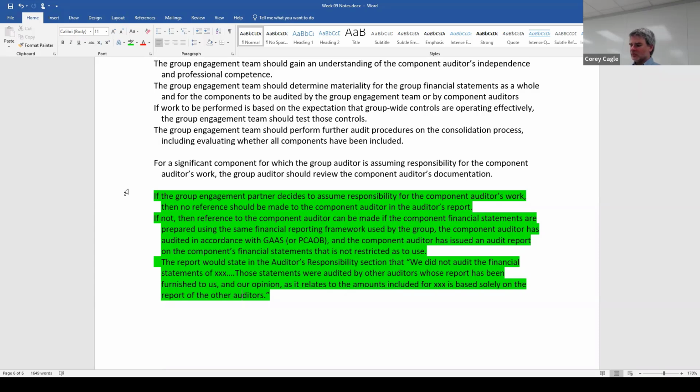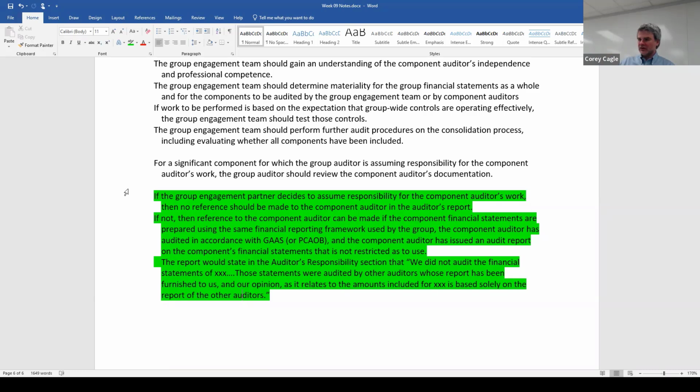I don't have this in notes either, but also, if the component auditor is not independent, or if you have really serious concerns about really anything, you wouldn't want to use the work of the auditor at all, or make reference to them in the report either, right? So that's kind of obvious, but I thought I'd mention it.